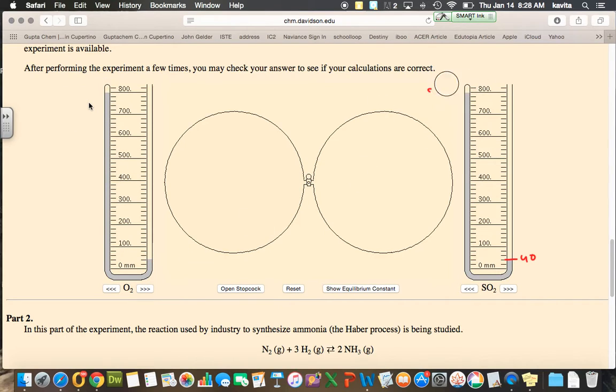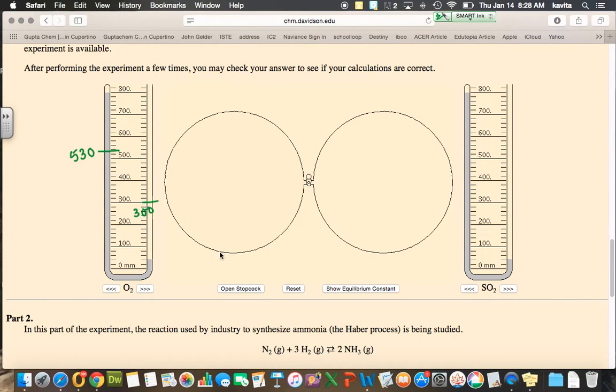Let me give you some numbers to work with. So basically what happens here, initially you have two bulbs here. In one bulb, we are going to pretend that we have a certain amount of oxygen, and let's take these numbers after, if these buttons were working. So let's say this side was 520, let's say this is 530, and this side is, let's say, 300.